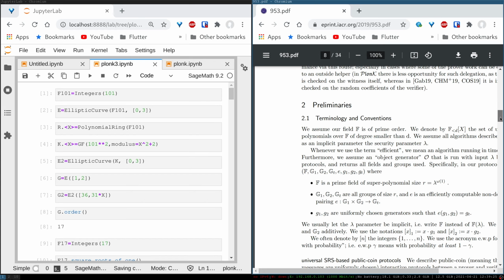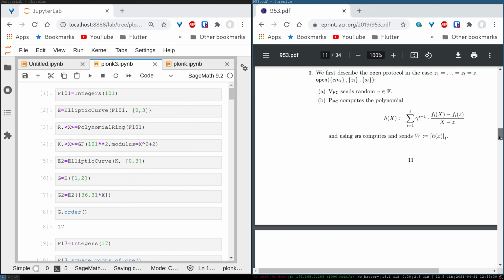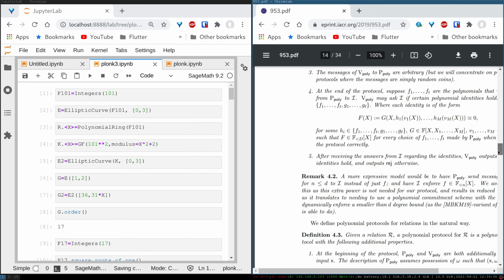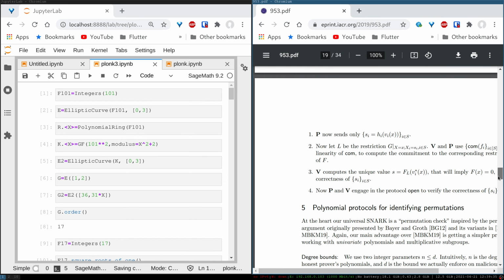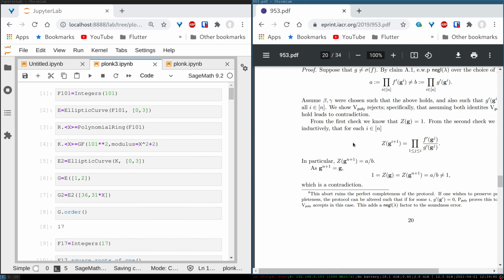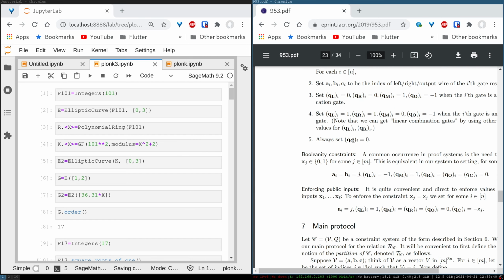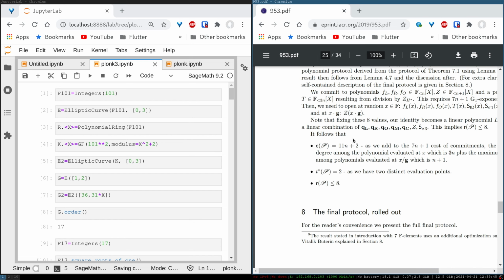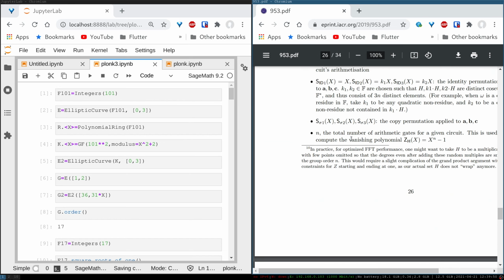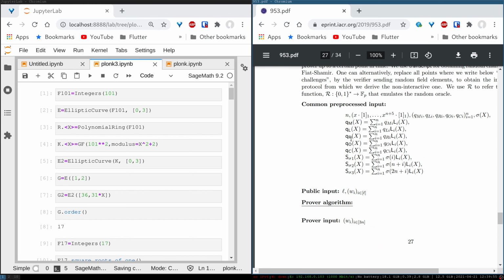Okay, so let's go through the actual implementation of the proof. And it starts at page 20-something, 26 I think. Okay, so there we go. All right, this is here.